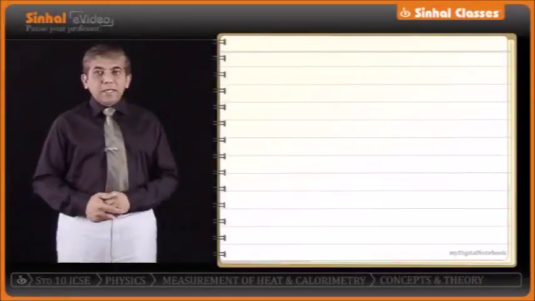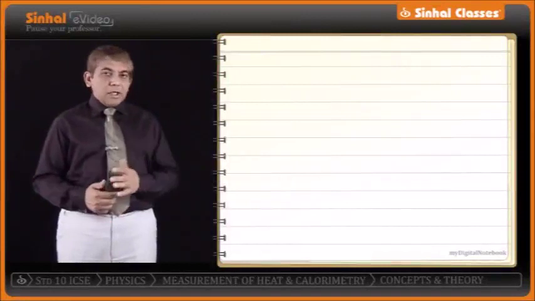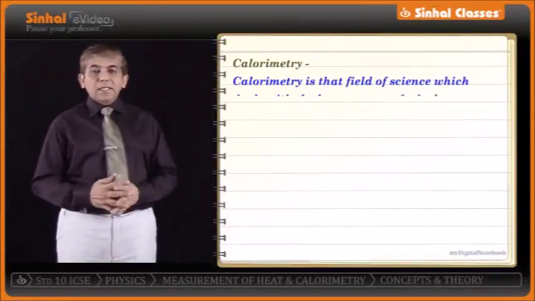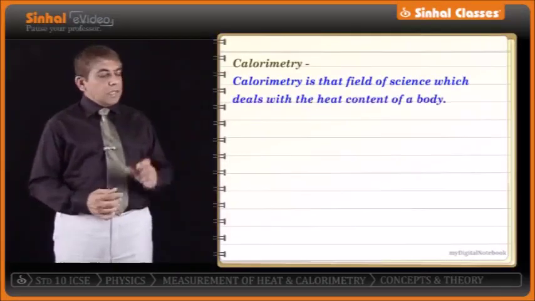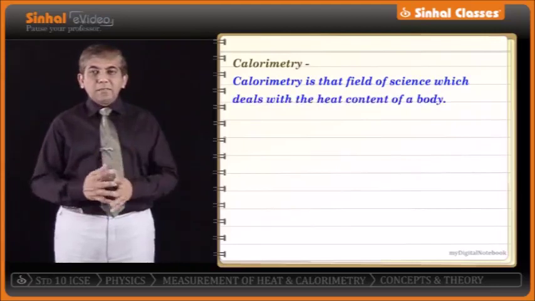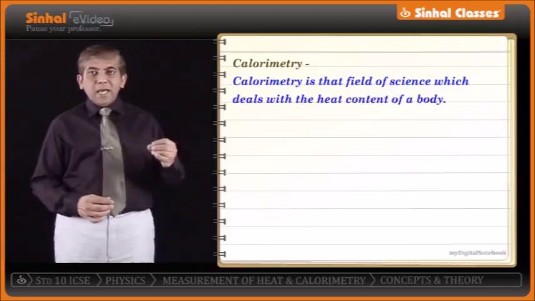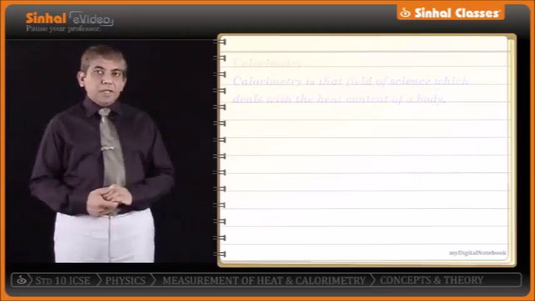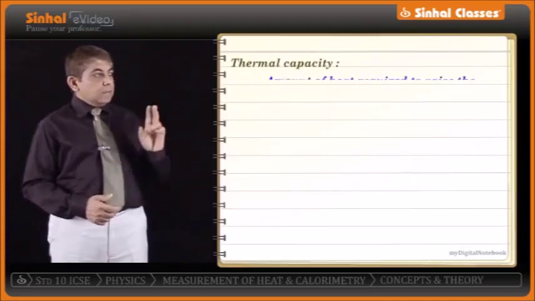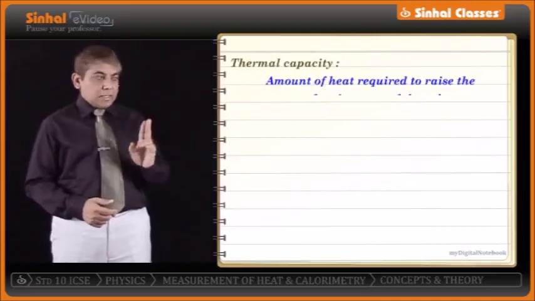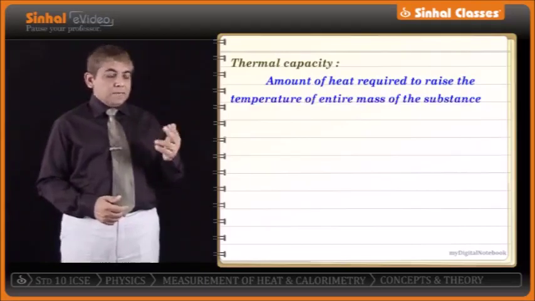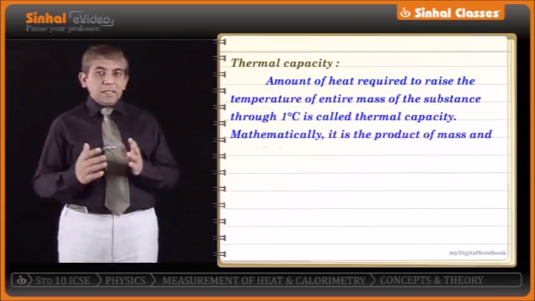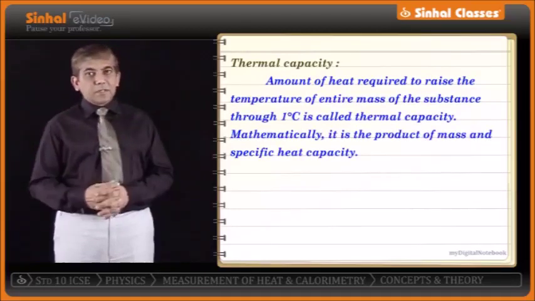Going on to the theory concept, talking about calorimetry. Calorimetry is that field of science which deals with the heat content of a body. When we say that a particular body contains a certain amount of heat, or has a certain amount of thermal capacity, we define thermal capacity as the amount of heat required to raise the temperature of the entire mass of the substance through 1 degree C. So thermal capacity is related to the entire mass of the substance.